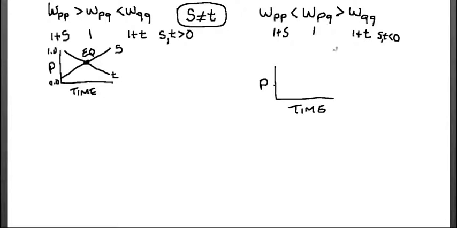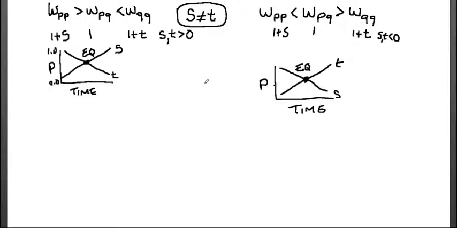So S is trying to decrease the frequency of the P allele, and T is trying to increase it. So we see the same thing, though. Two opposing forces, one trying to decrease the frequency of the A1 allele, another force trying to increase the frequency of the A1 allele. So we end up with an equilibrium.